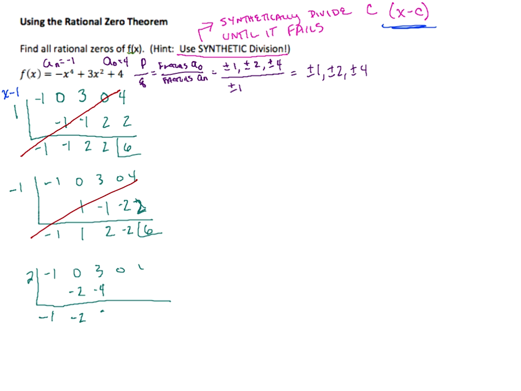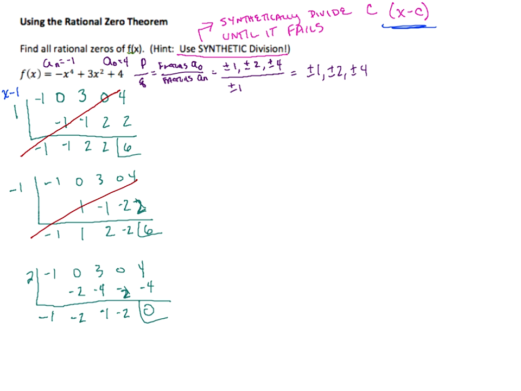Multiply. Write your result. Combine down. Multiply. Write your result. Combine down. Multiply. Write your result. That's supposed to be a 4 there. And combine down, 0. All right.